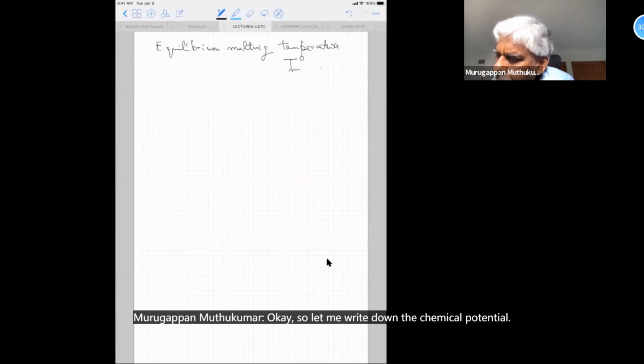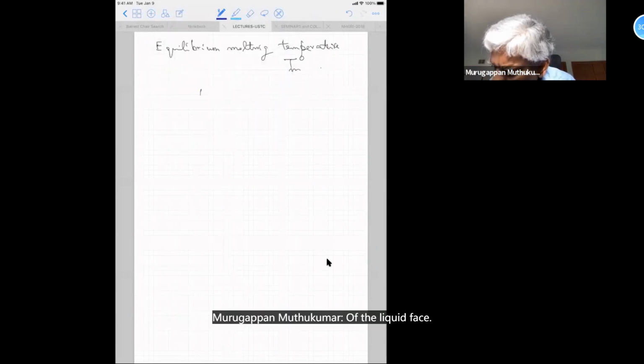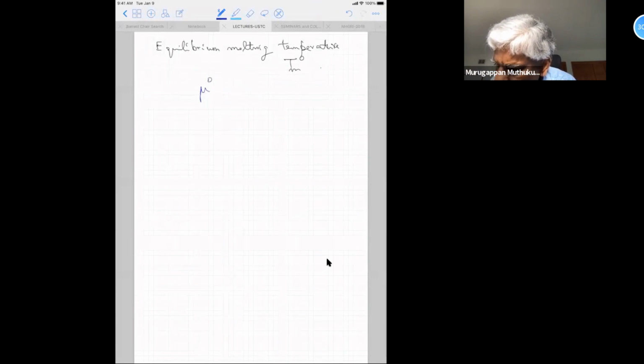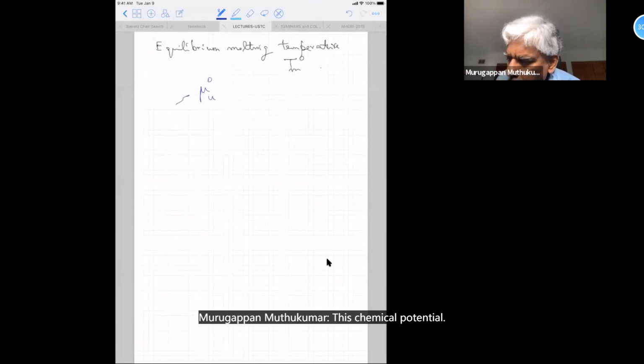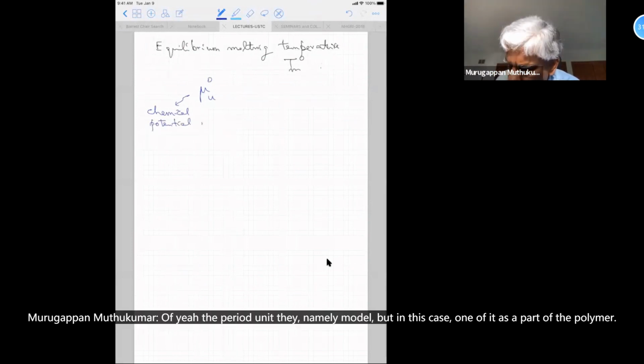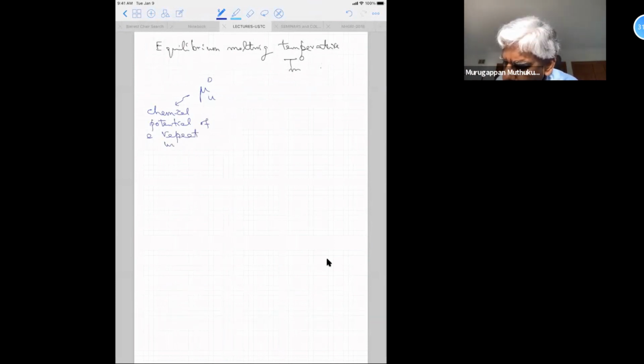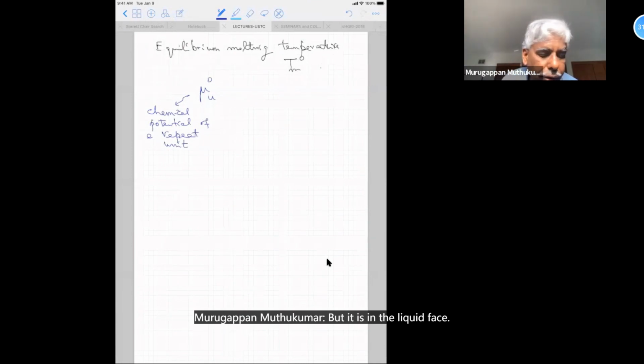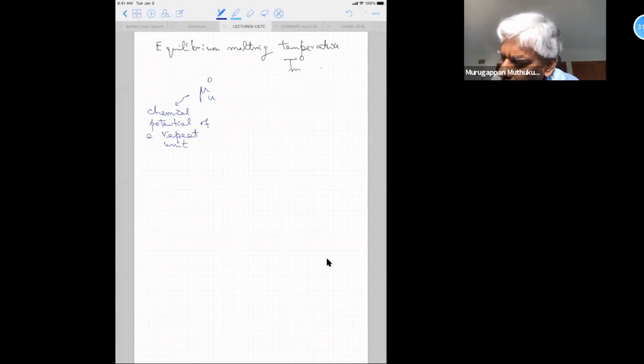So let me write down the chemical potential of the liquid phase. This is chemical potential per repeat unit, chemical potential of a repeat unit, right, namely monomer in this case. Monomer as a part of the polymer. But this is in the liquid phase.